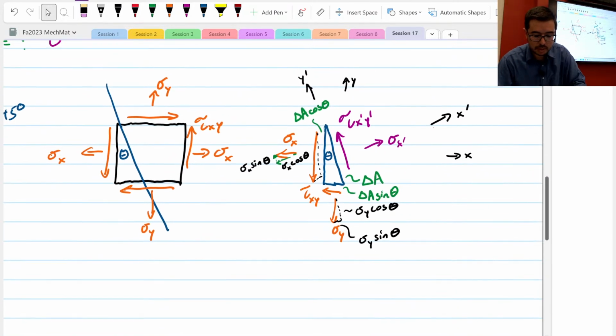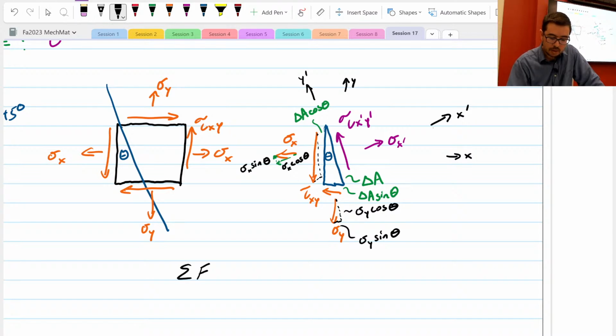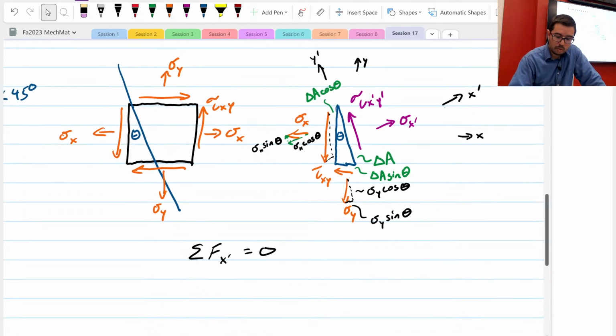So if we look at equilibrium for the x prime direction, we're going to do summation of the forces in the x prime direction. That has to equal 0. So what do we do here?